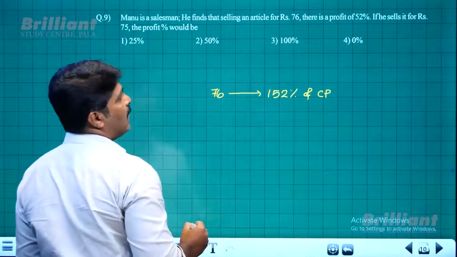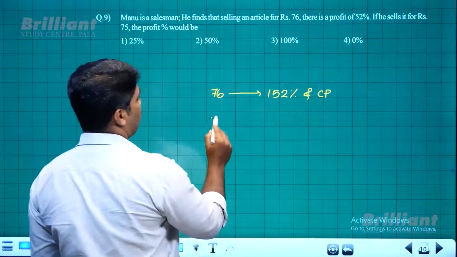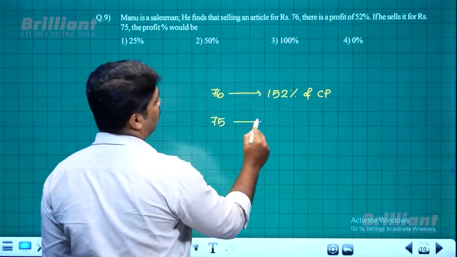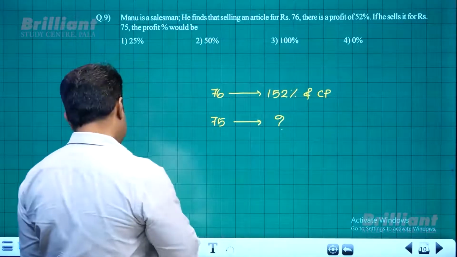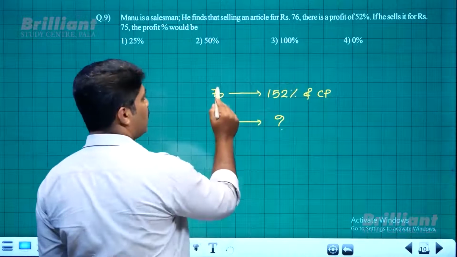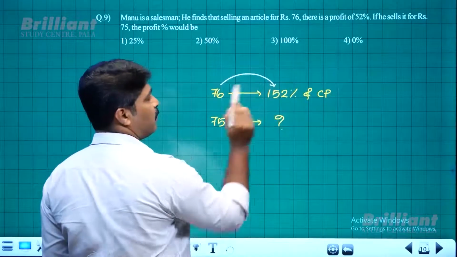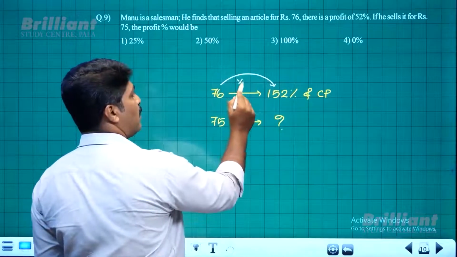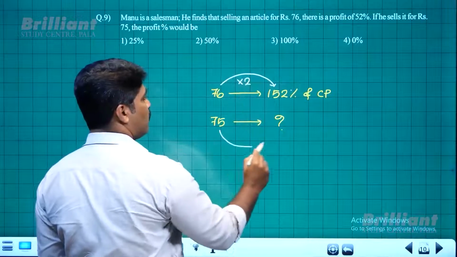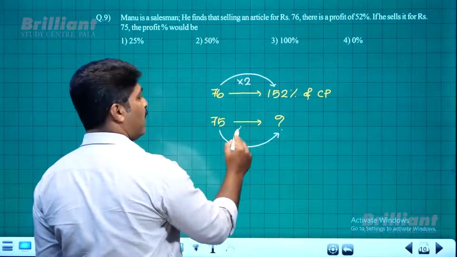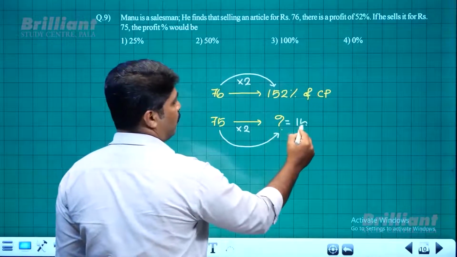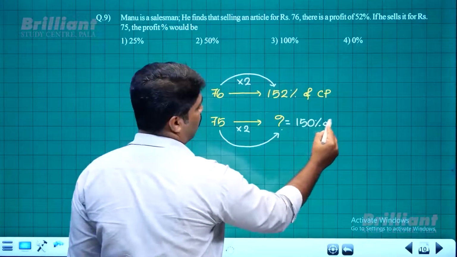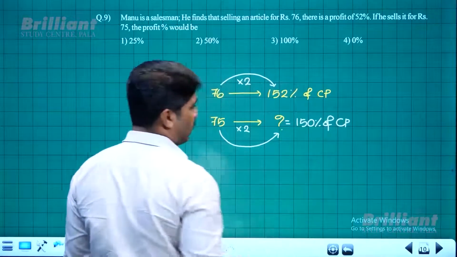Instead, if he sells it for 75 rupees, what is the profit? You just think about the relationship between these two values, 76 and this 152. So 76 into 2, and for this 75, again we just consider into 2. So then what will it become? This is 150% of the cost price.